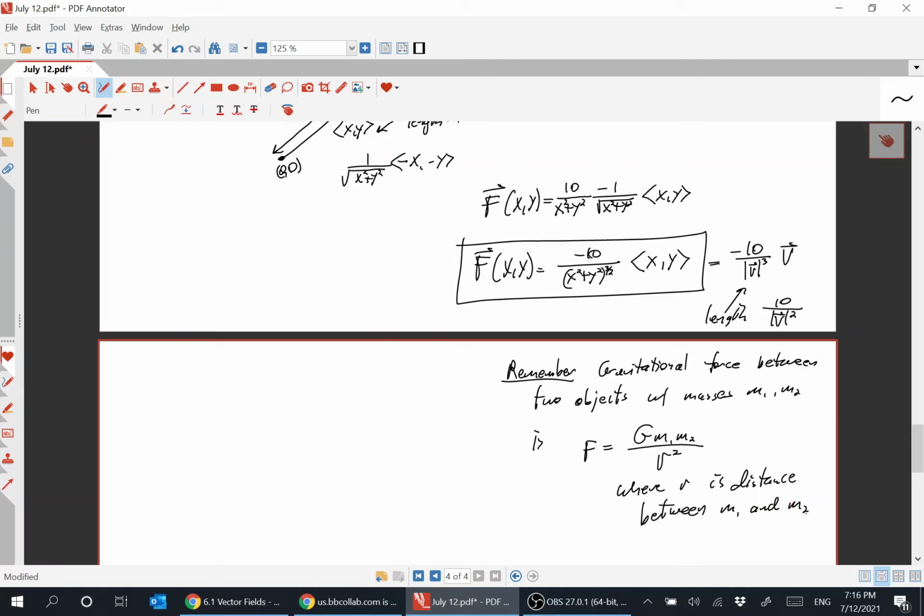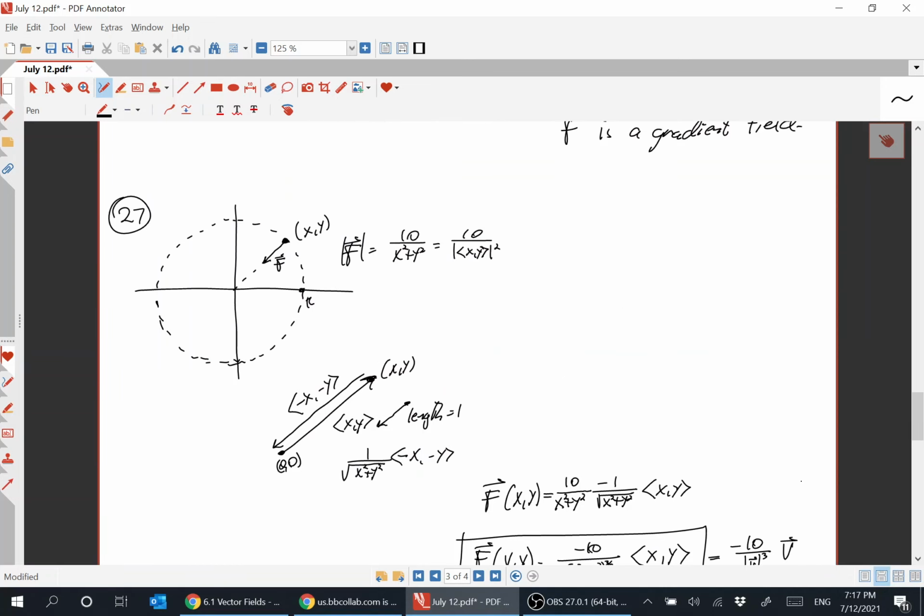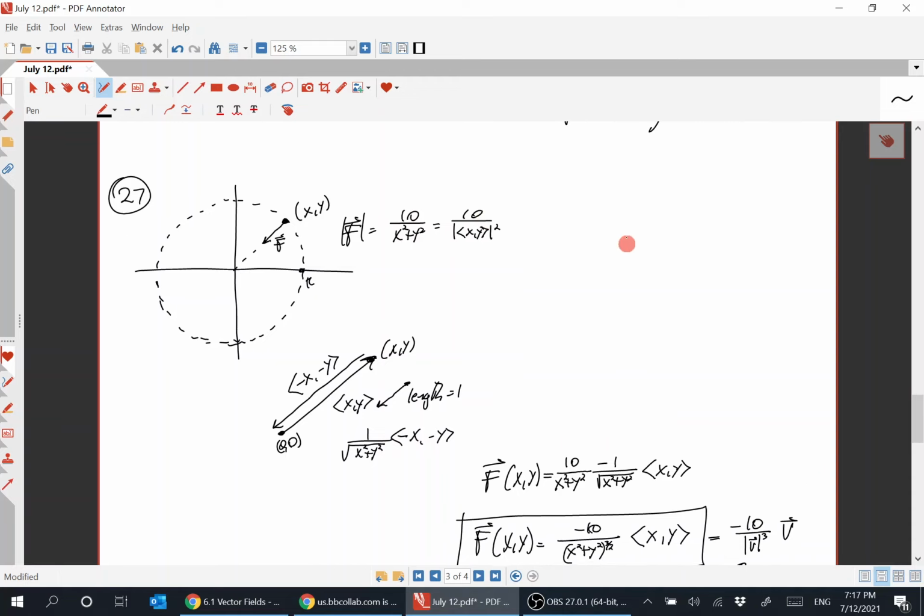The gravitational force decays with the distance squared between two objects, and that's what this gravitational type vector field is.